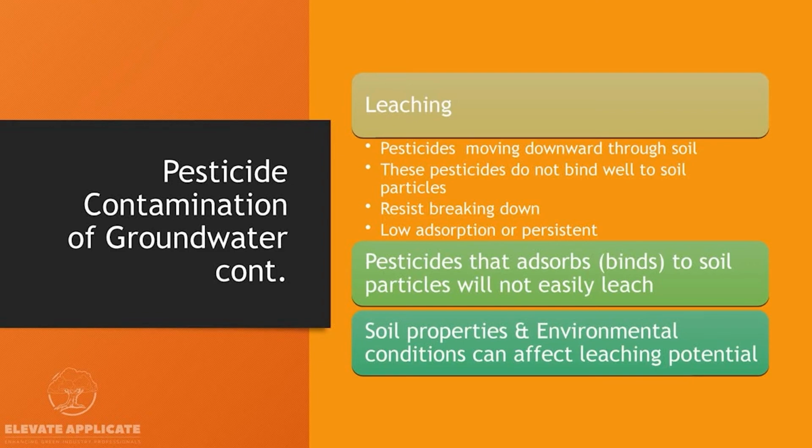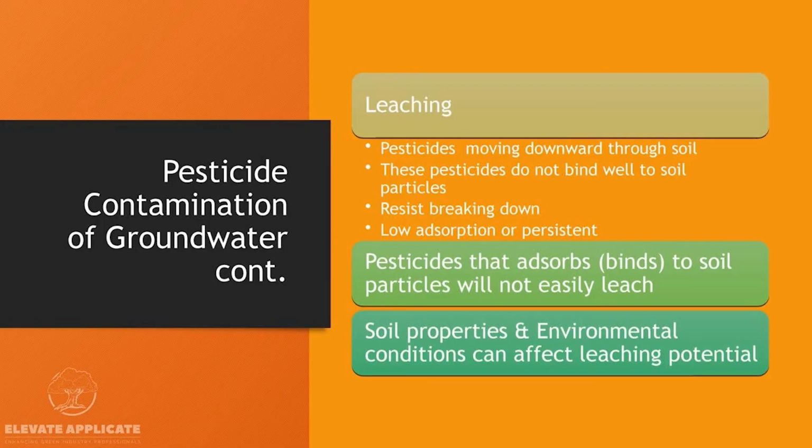So let's talk about leaching. Leaching is the number one way that pesticides will get into groundwater, and that's pesticides moving downward through the soil. The pesticides that leach do not bind well to soil particles. They also resist breaking down. They have a low adsorption rate, and they're highly persistent. So pesticides that adsorb, that bind to soil, will not easily leach.